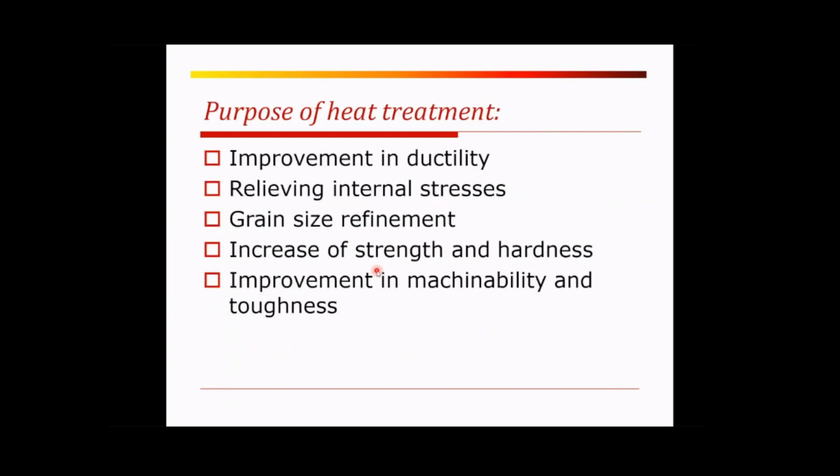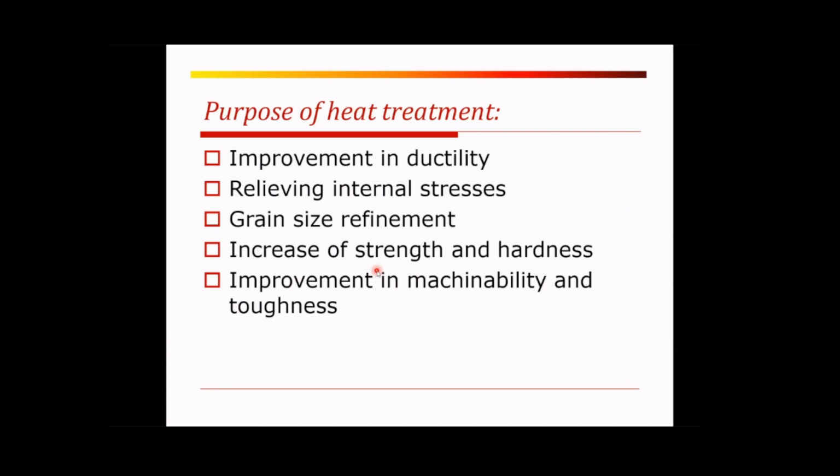Before that, the purpose of heat treatment is to improve the ductile properties of metal and to relieve the internal stresses inside the microstructure of metals caused by heating, and to achieve grain size refinement.